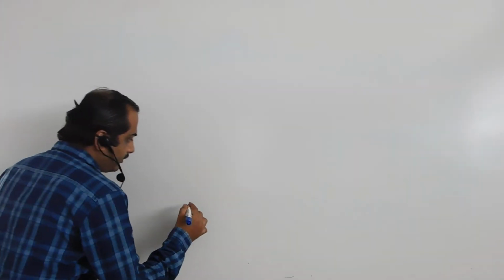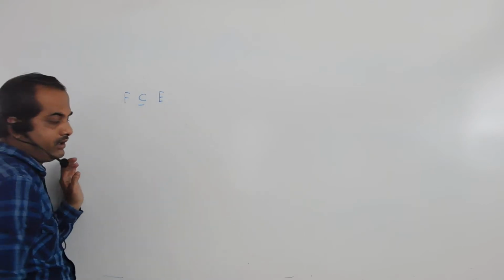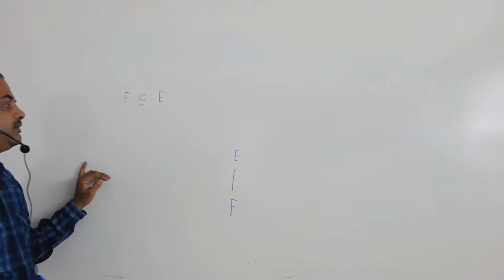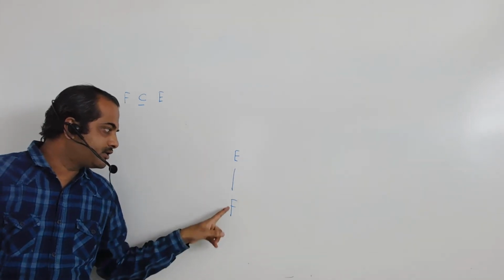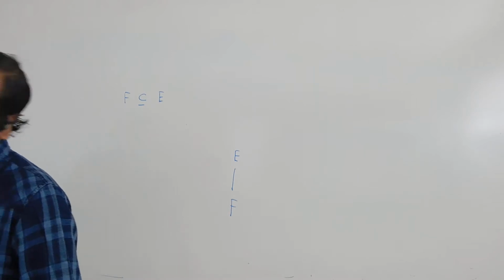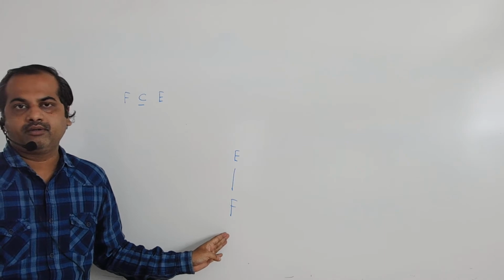So the definition: if F is a given field and we have an extension field E, that is, F is a subfield of E, or in other words E is an extension of F, then E is said to be the algebraic closure of F if, first of all, it must be an algebraic extension.